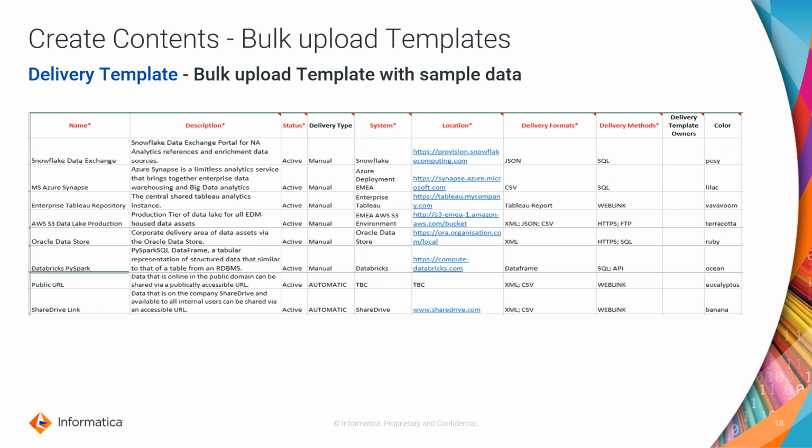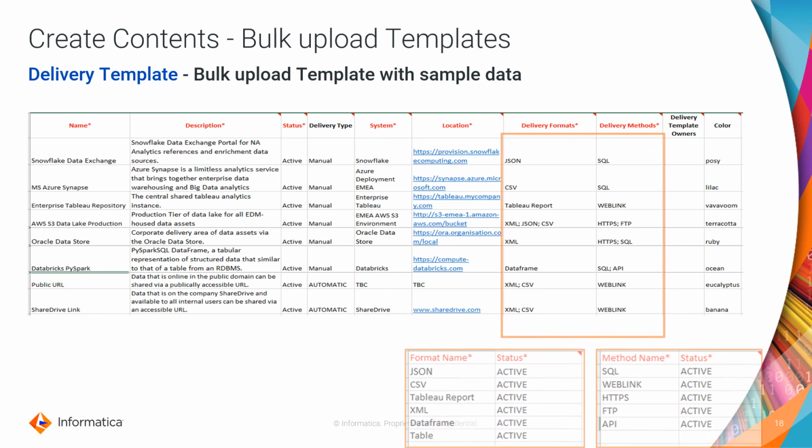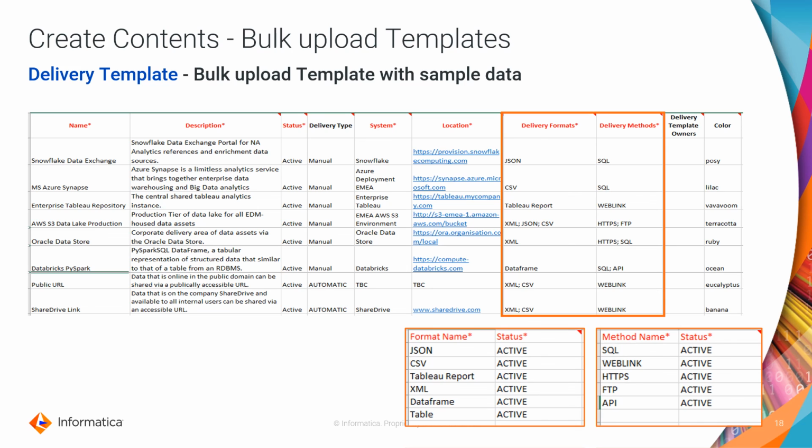To create a delivery template, a user must have at least the data market delivery owner profile and role assigned. However, the technical administrator and technical marketplace administrator also have this capability. Another important point: the delivery format and delivery method you want to use must already be present in the data marketplace.